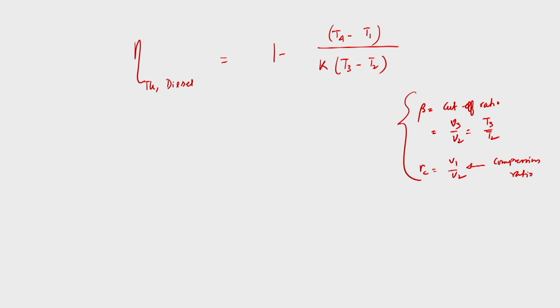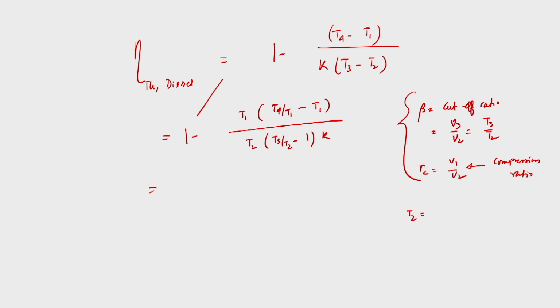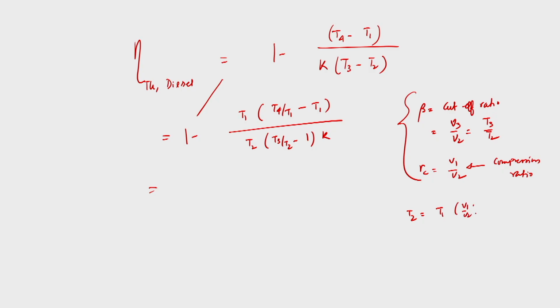If I recall the PV diagram, I can do a few more steps so that we arrive at the final expression: 1 minus T1 into (T4 by T1 minus 1), divided by T2 into (T3 by T2 minus 1) into K. Process 1 to 2 was the isentropic compression process, so T2 is equal to T1 into (V1 by V2) to the power K minus 1, which is T1 into RC to the power K minus 1.